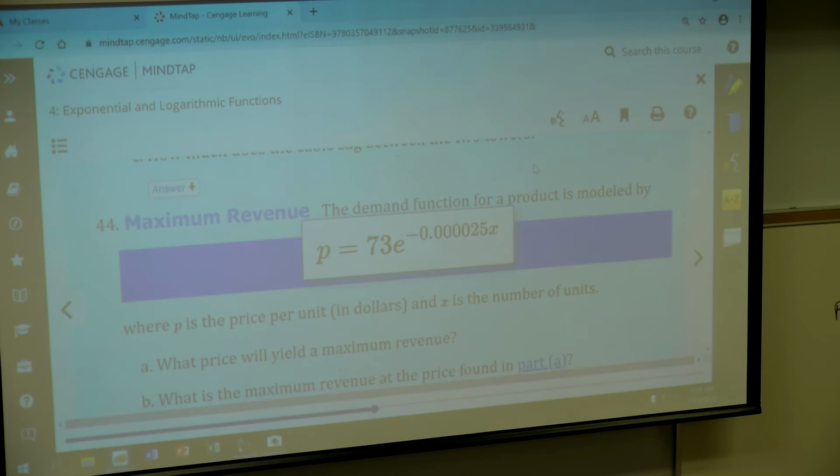Right? And if I divide by the constant on both sides, I'll have e^(-0.0000025x) equals 0.